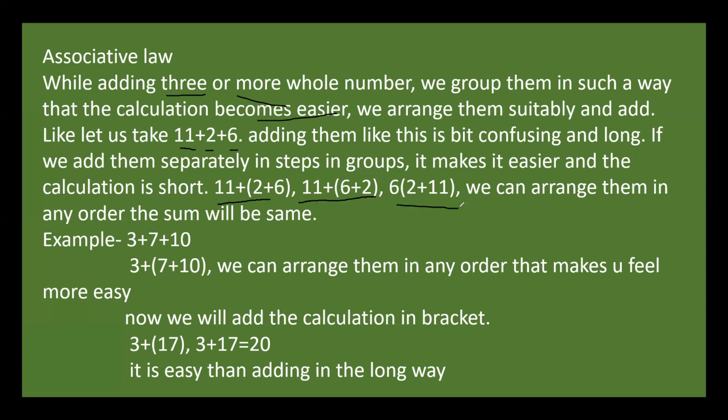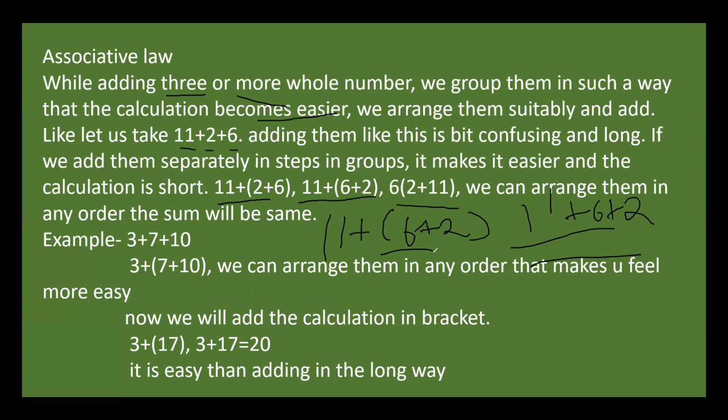You can arrange them suitably as you want. Whatever you want to put in the bracket, you can put in the bracket, and whatever you want out, you can leave out. Just like here, 11 plus 6 plus 2. Now tell me, is this way easy or this way easy?